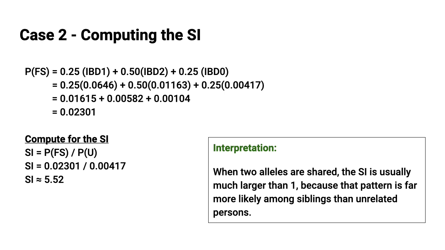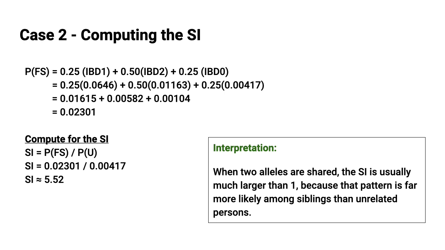Now in computing the siblingship index, we just make a ratio. We take the probability for full siblingship, 0.02301 as we have computed, divided by the probability of unrelatedness, 0.00417, with the siblingship index equivalent to 5.52. Now, how do we interpret this?